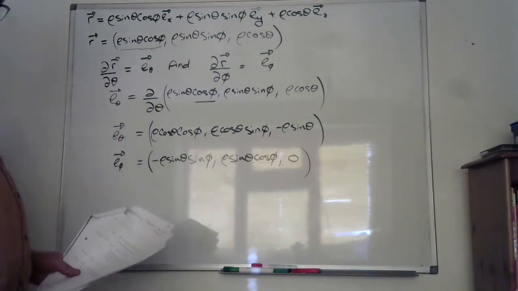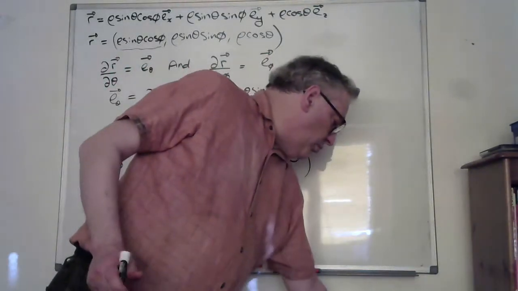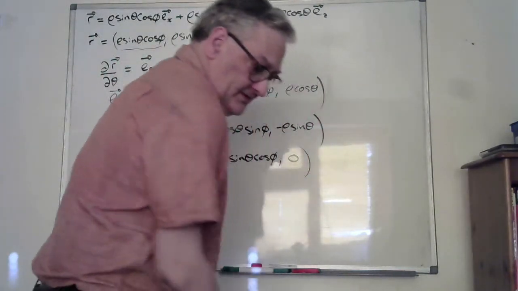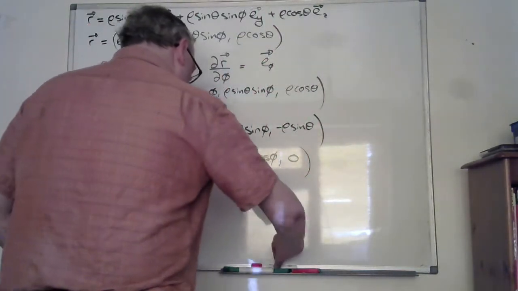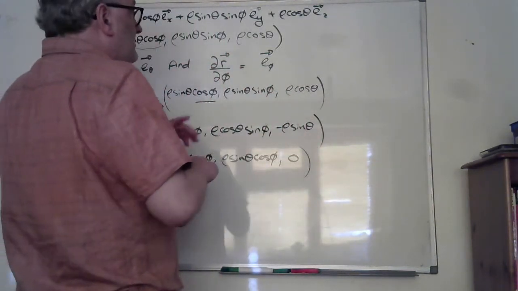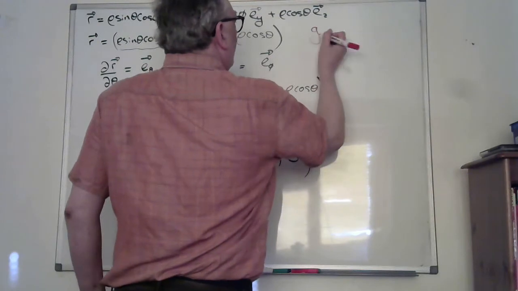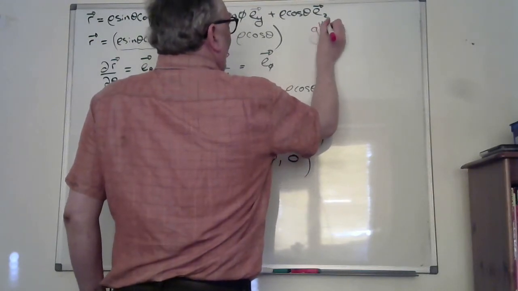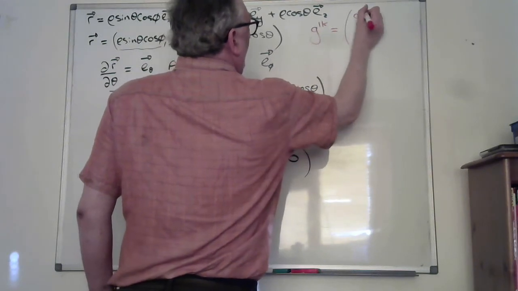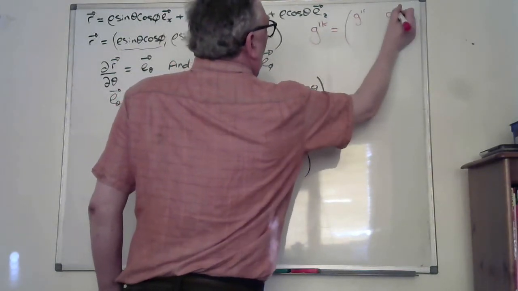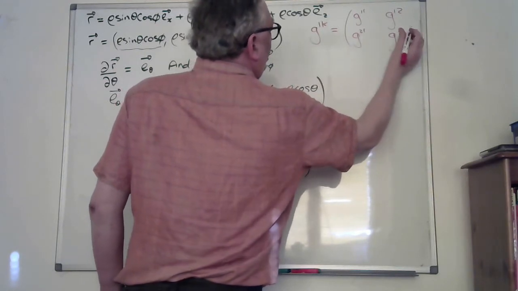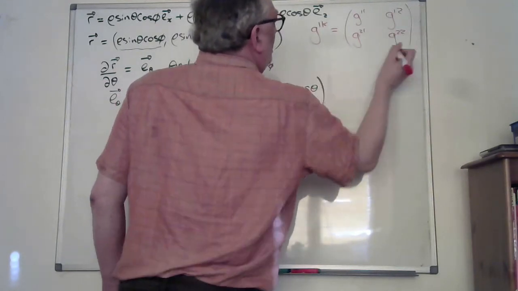Do you remember just a short while ago during this video, just after the start, I told you that G LK is equal to G11, G12, G21, and G22.